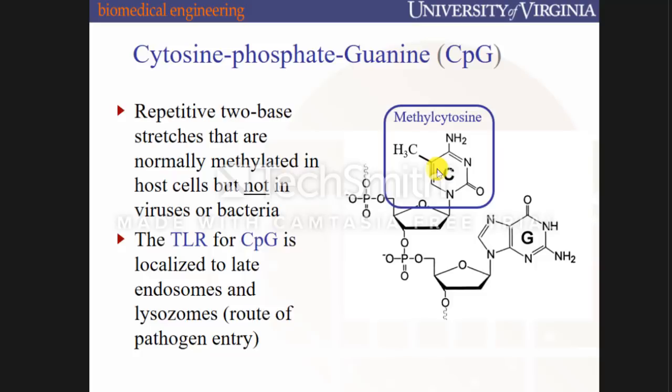Within the endosome inside the cell, TLR9 is present, and it's trying to detect CpG. Because our DNA is oftentimes restricted to the nucleus, and if it's not, that means that cell is dying. TLR9 recognizes CpG, and it's an intracellular toll-like receptor.